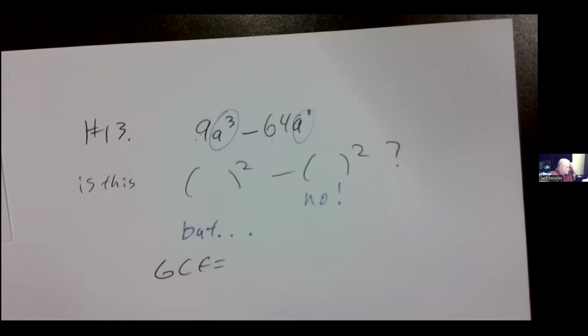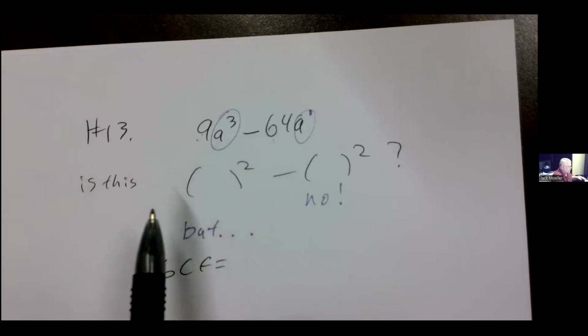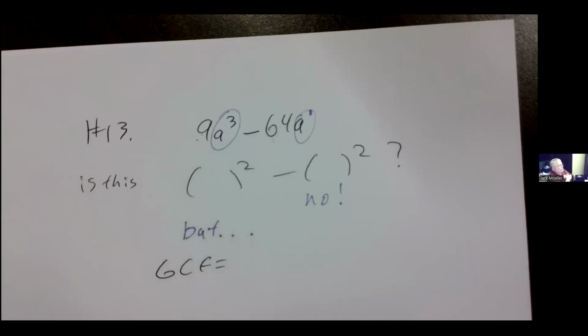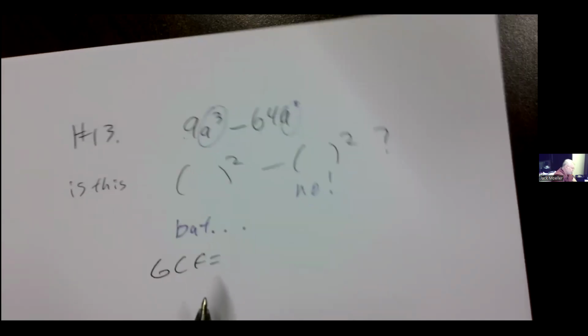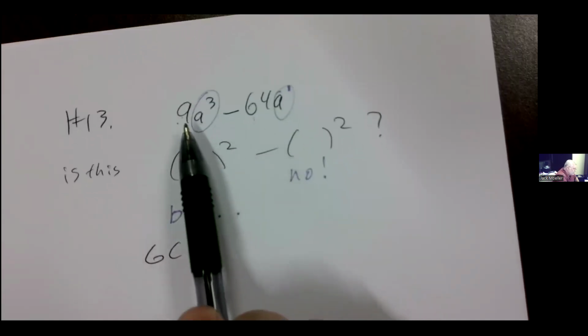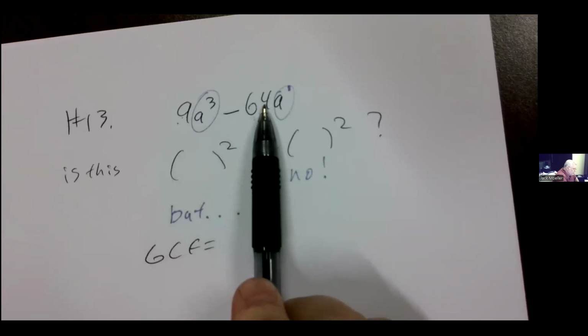So if something is not factoring like it should, but it almost looks like a difference of squares because you've got 9 and 64, then again, just like with that messy trinomial we did earlier with the 16y squared, if it looks like it can factor, but it's not, there's probably a GCF. So what's common to both of those?